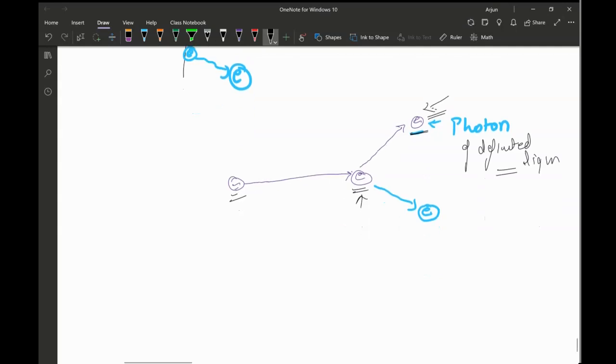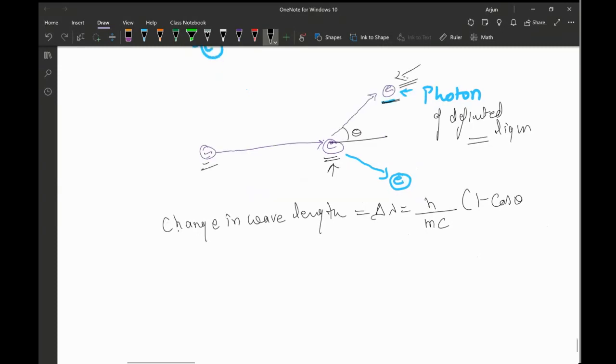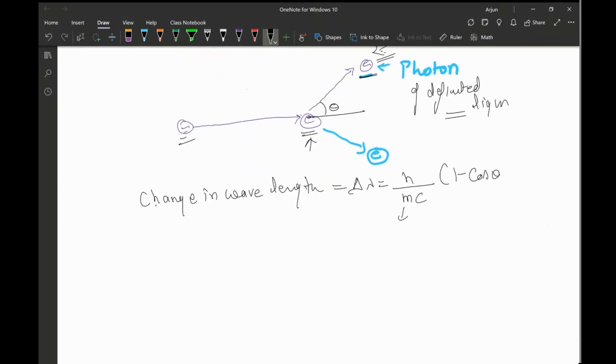To calculate that, he gave the formula for change in wavelength. Change in wavelength, delta lambda, is equal to h upon mc times 1 minus cos theta. Theta is the angle at which it is getting deflected, and m is the mass of the electron.